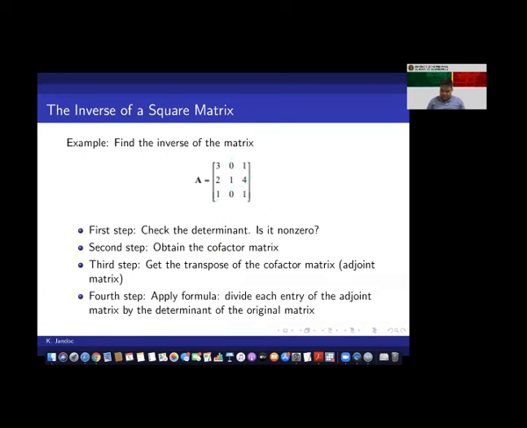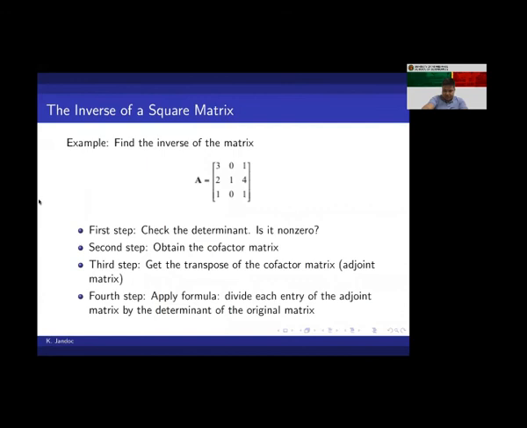And how do you determine it? Well, the first step is to check the determinant. Is it non-zero? Then the second step is to obtain the cofactor matrix. Once you have the cofactor matrix, you get the transpose of that. So the transpose of the cofactor matrix is called the adjoint matrix. Then once you find the adjoint matrix, you just divide each of the entries of the adjoint matrix by the determinant of A. And that's the inverse. So these are the steps on how to find the inverse of the matrix.